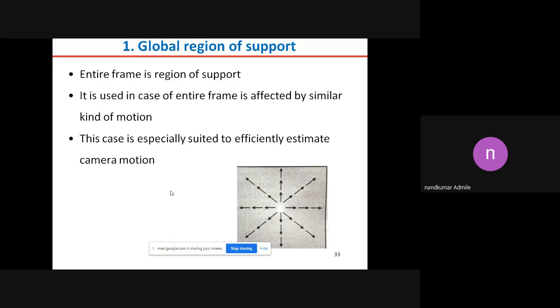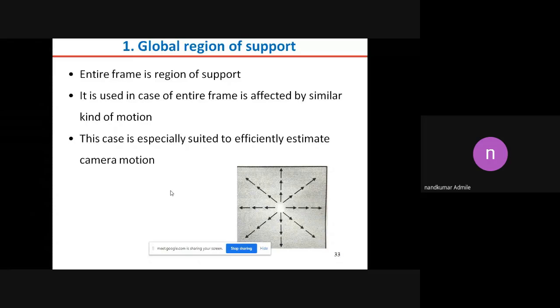If we look at the slide, here we consider one particular frame and see how to represent the global region. To represent it, we mark the pixels in the entire frame. In this particular frame there is a change in pixels across the entire frame, in every direction.